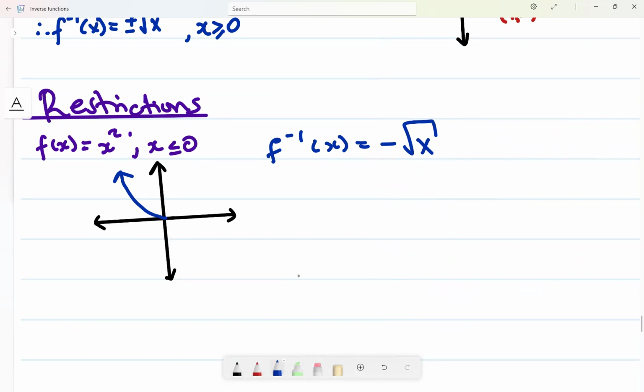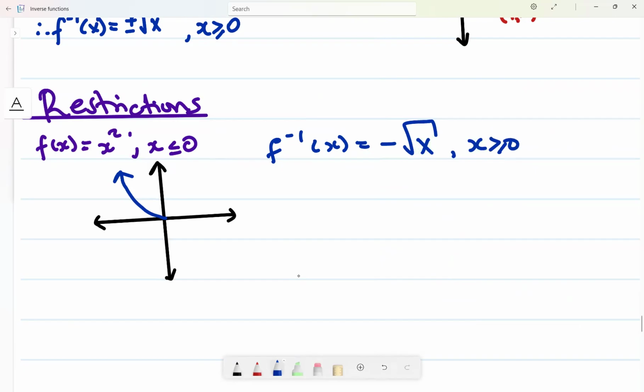If it is restricted like this, it's going to be this one. You can also include that x. This x has nothing to do with the x in the graph. It just tells you about the restriction, where the x inside the bracket needs to be positive, greater than or equal to 0.